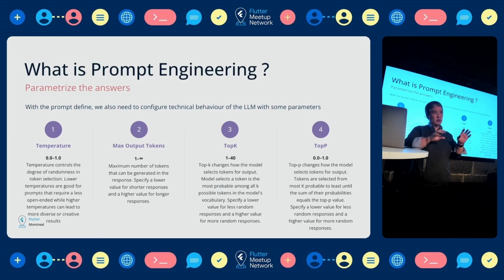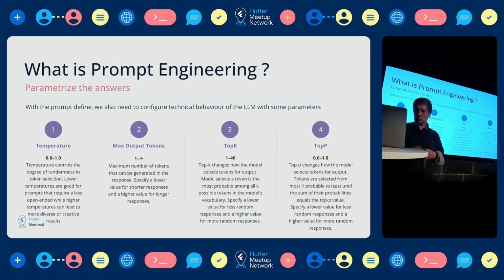It knows that for this word, the next word could be from a list of words. We are going to try to reduce the number of words it can select, and it's going to select one. And for the top P, it's going to be how many answers you are going to push back from them.